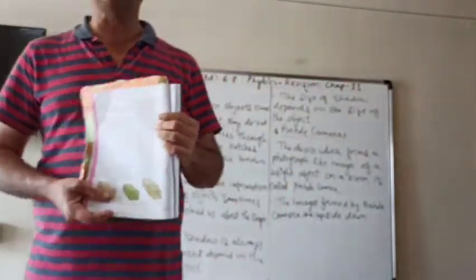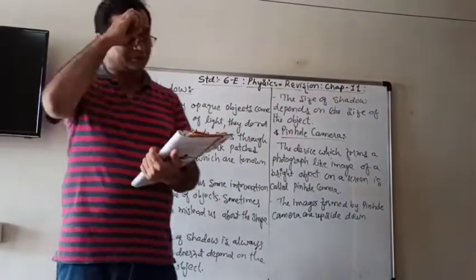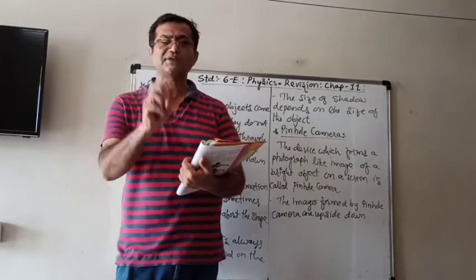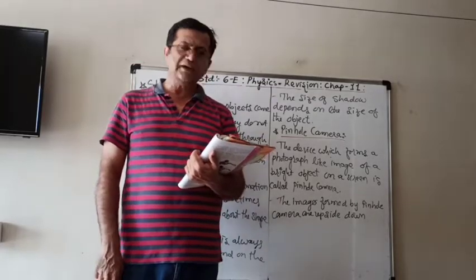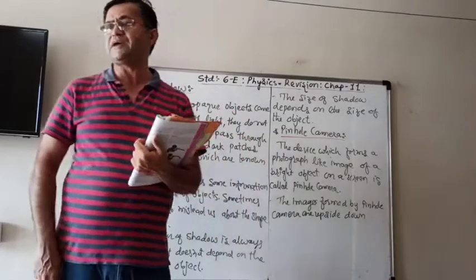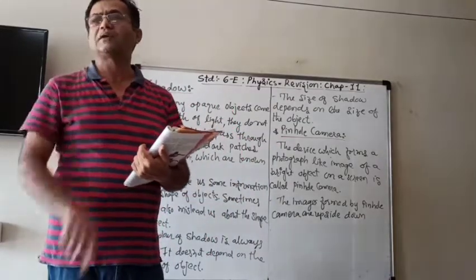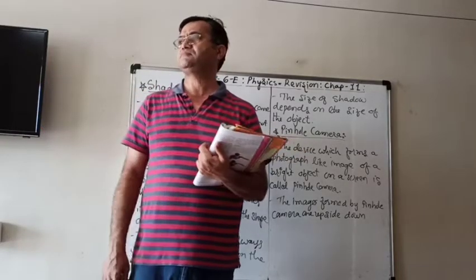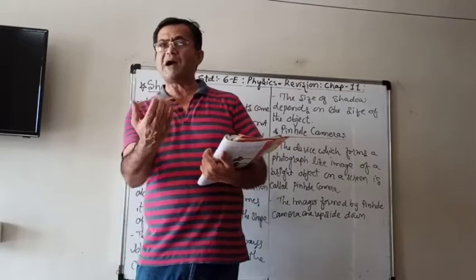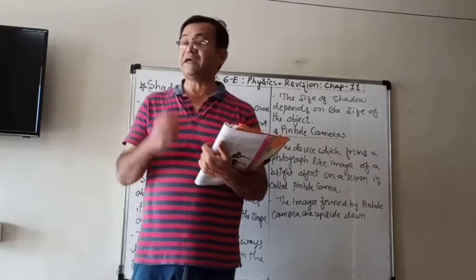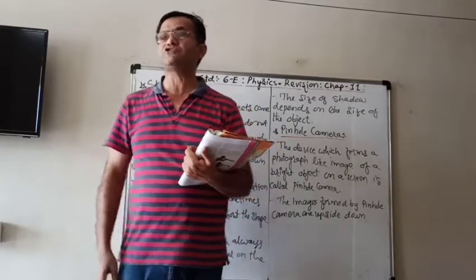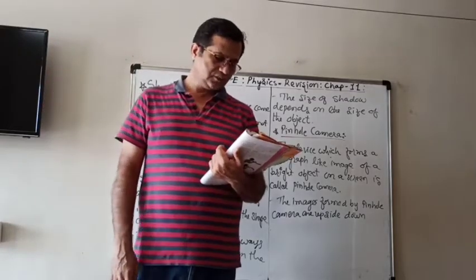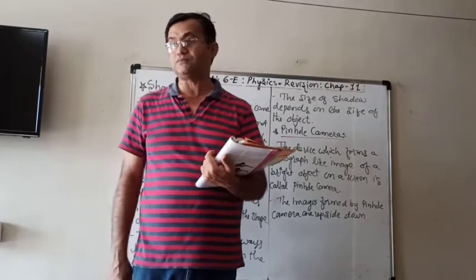So you will be able to make your own pinhole camera, in which we have to make a hole on one of the sides, and on the other box, the same side, we have to make a square gap cut out, and then by adjusting that, allow the light to pass through that hole, and then it can give you the image of the objects on the screen behind, and that will be upside down.